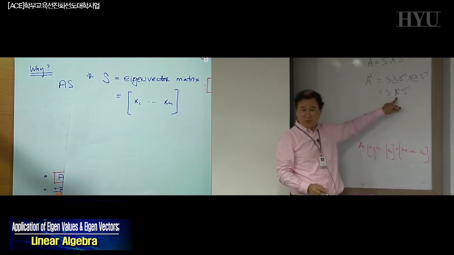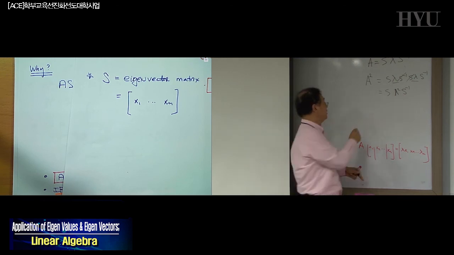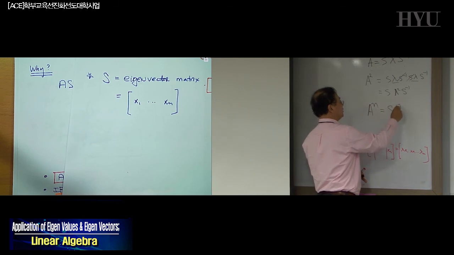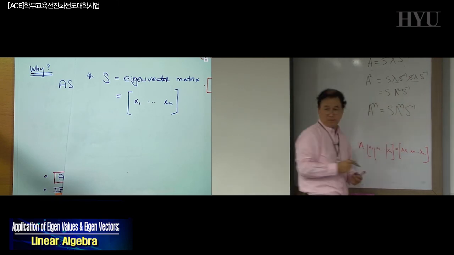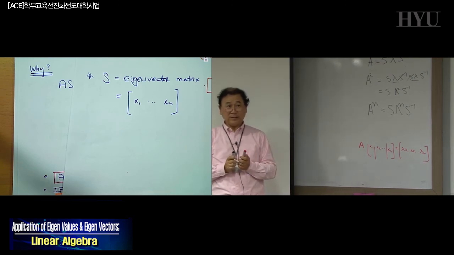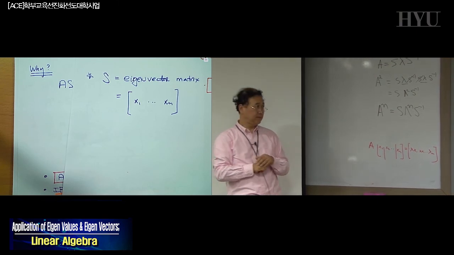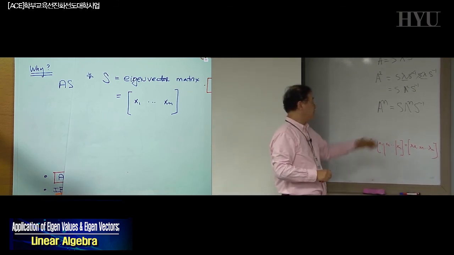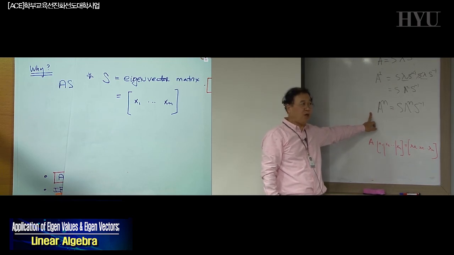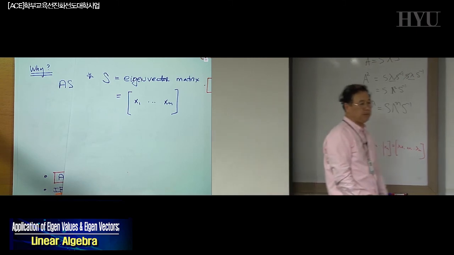This one you can easily compute because every diagonal entry will be squared. Then what about A^n? No problem. It's pretty easy to follow, right? This is a property we're going to use when we solve difference equations.